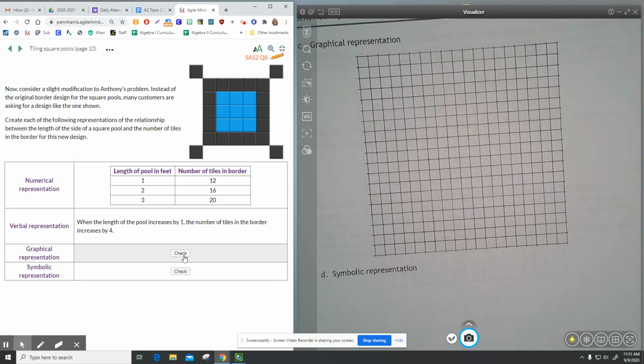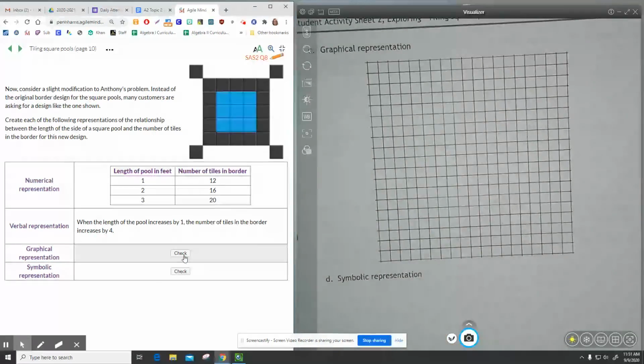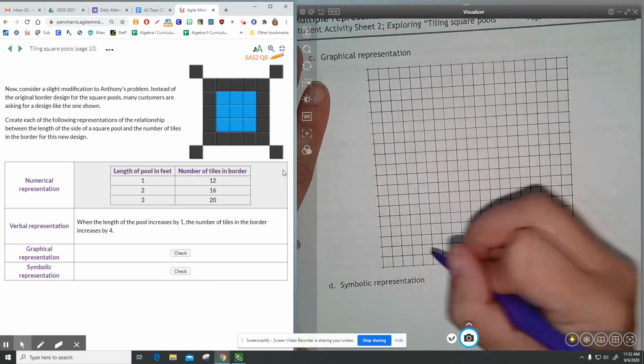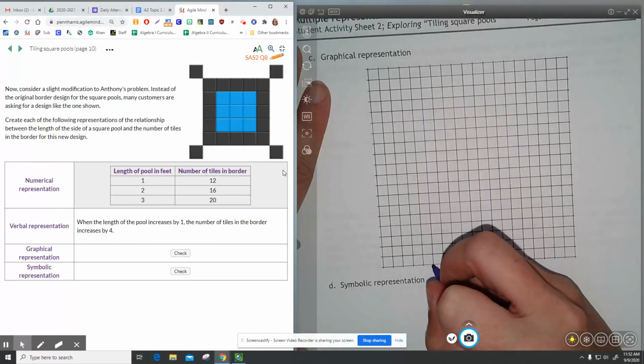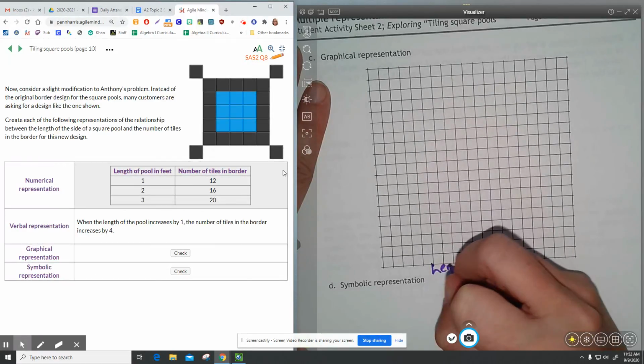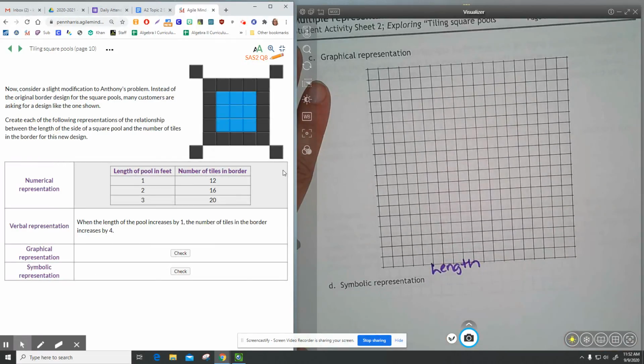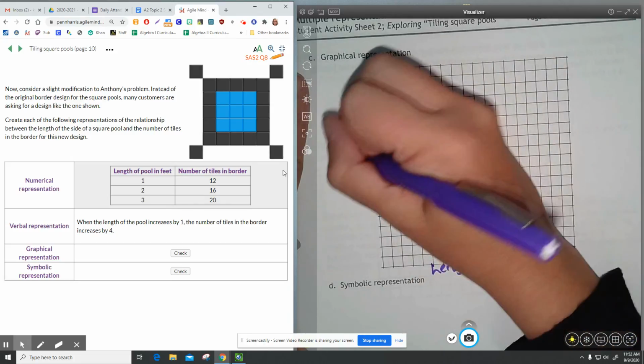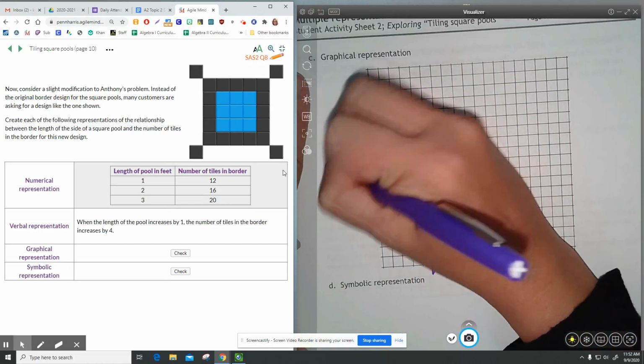Part C is the graphical representation here. So I still have my tiles here for me to see. That makes it nice and easy. First thing that we're going to do is label this graph. We're going to call this our length in feet. And over here, this is going to be number of tiles.